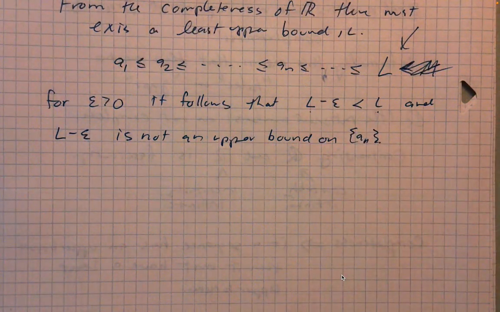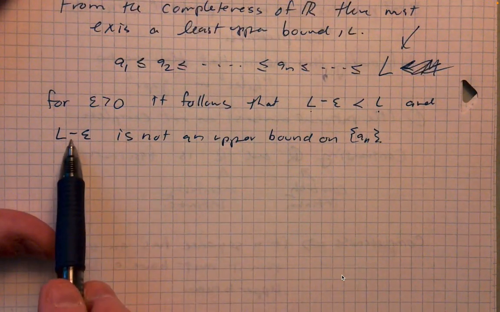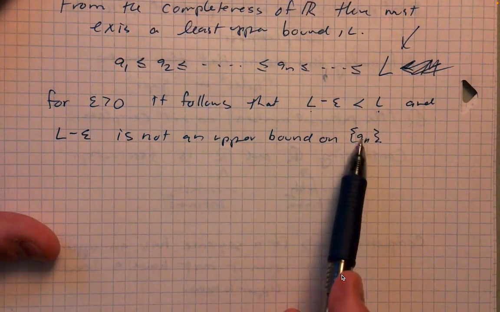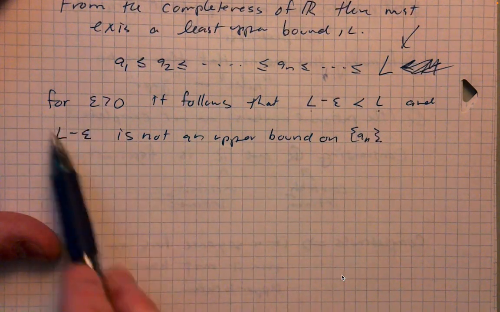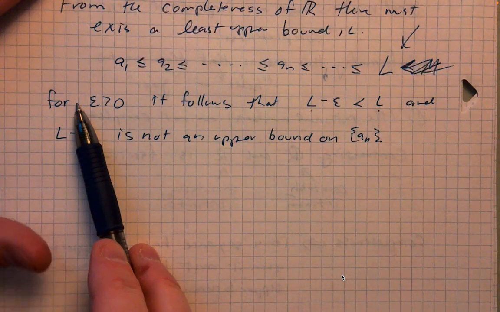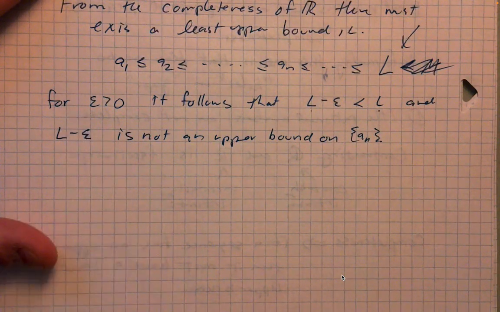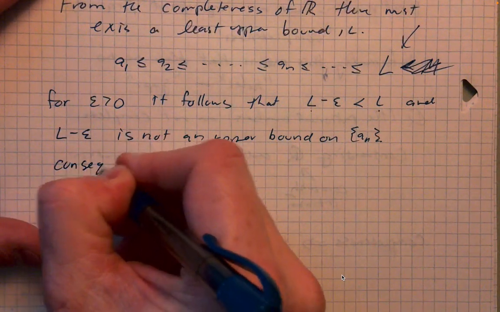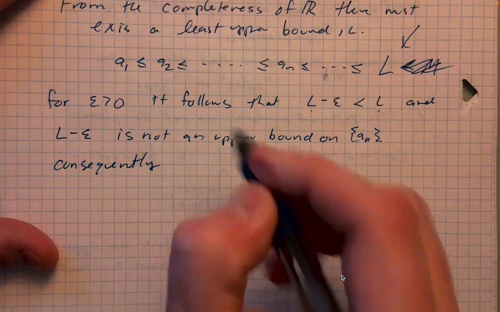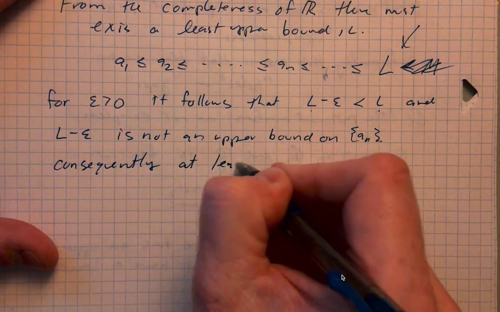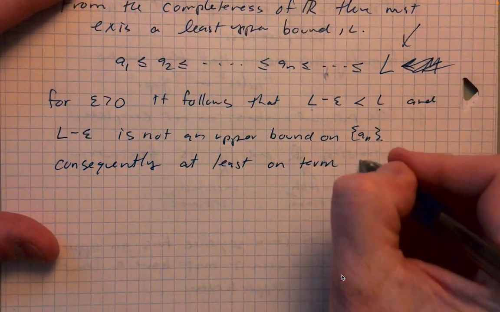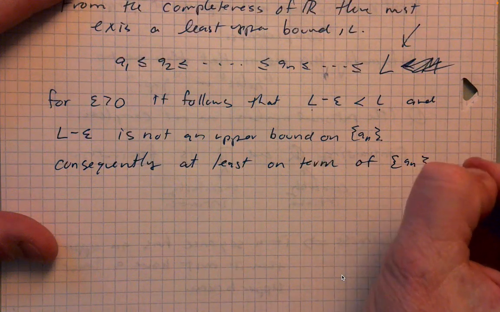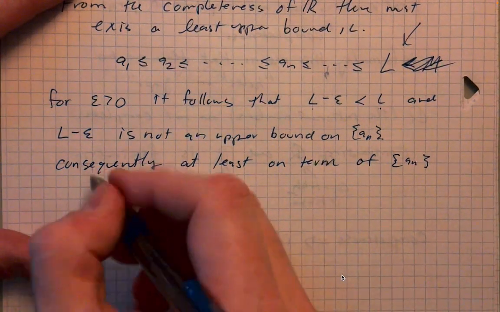Now, what does it mean that it's not an upper bound on the sequence? What it means is that there are some terms in the sequence that are actually greater than this. Consequently, we'll say at least one term of a_n is greater than L minus epsilon.